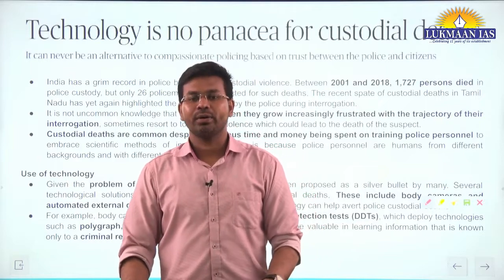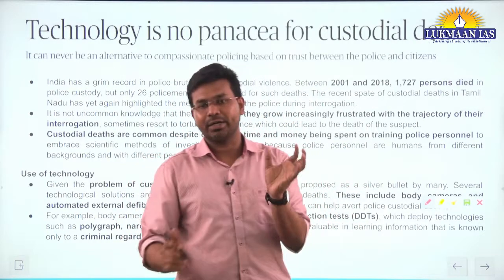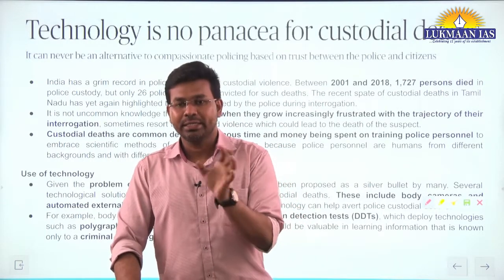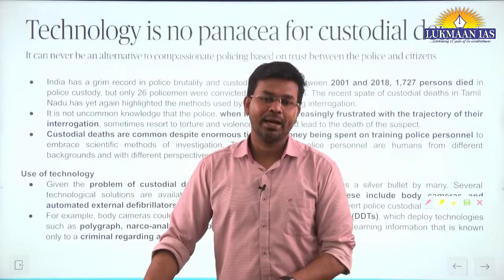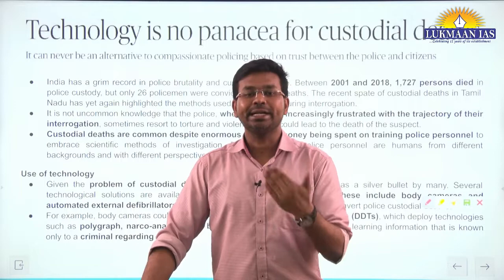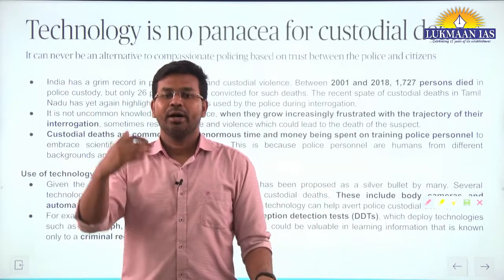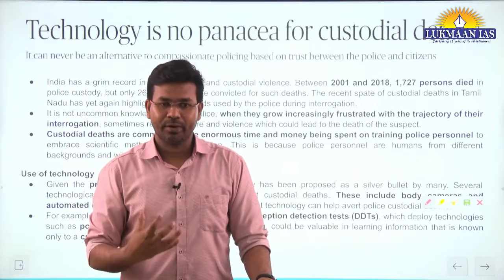So now there are scientists and people who look into criminology, the study of criminal science, and they also study how to reform the police. These people have time and again suggested alternative ways of interrogation, alternative ways of dealing with suspects to get information from them.